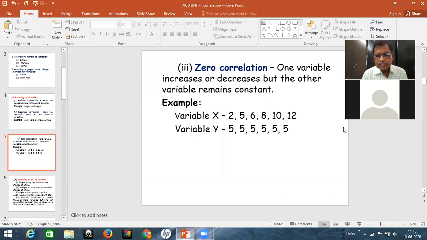When this type of relationship is observed between the two variables, then we say there is no correlation between these two variables, and we call it the zero correlation.